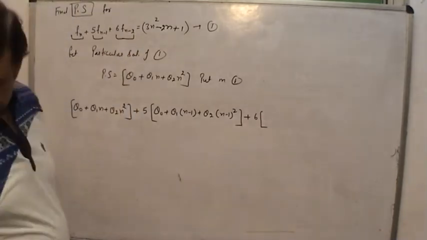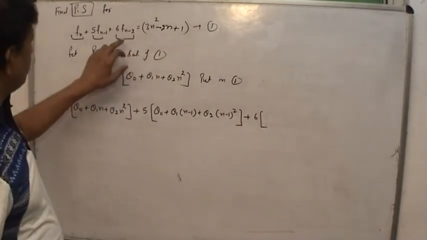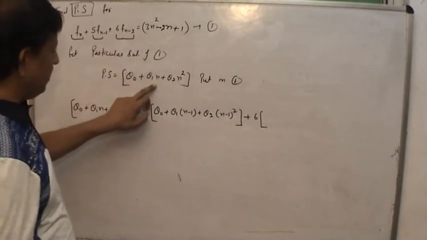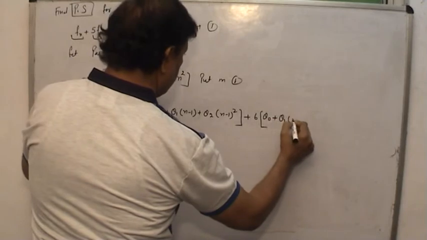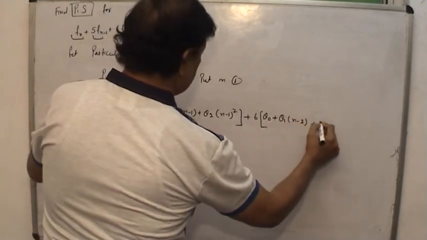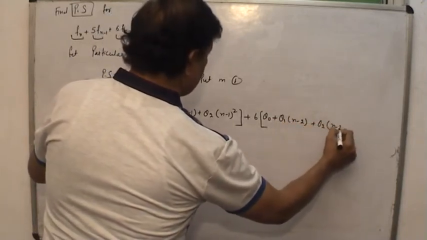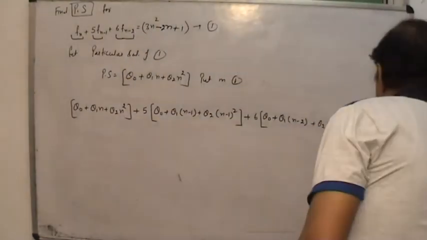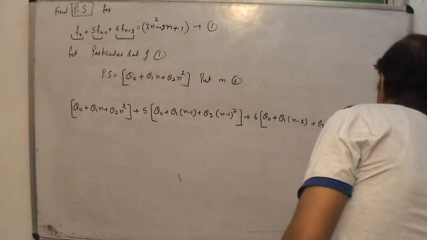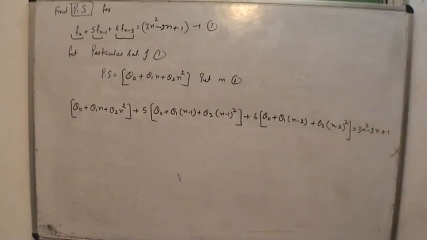The term is F(n-2). F(n-2) means change the n into n minus 2. That is Q0 plus Q1(n minus 2) plus Q2(n minus 2) whole square. That is equal to the right hand side, 3n square minus 2n plus 1.